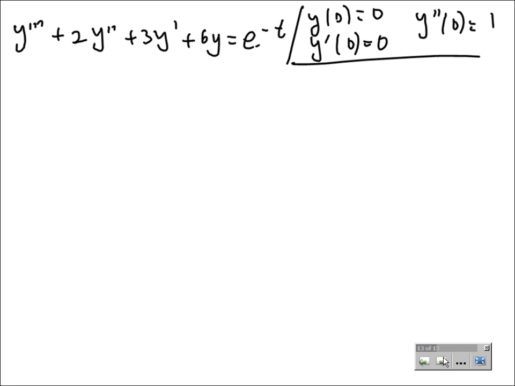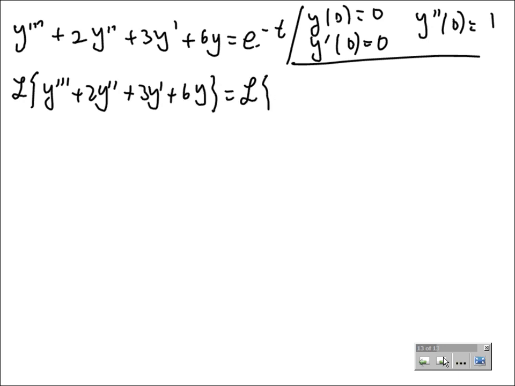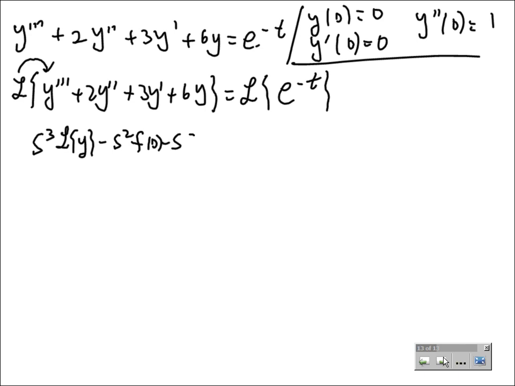So we take the Laplace of both sides. The Laplace of the left side equals the Laplace of the right side. Now, the Laplace of the left side is the Laplace of y triple prime, which is s cubed times the Laplace of y, minus s squared times y of 0, minus s times y prime of 0, minus y double prime of 0.